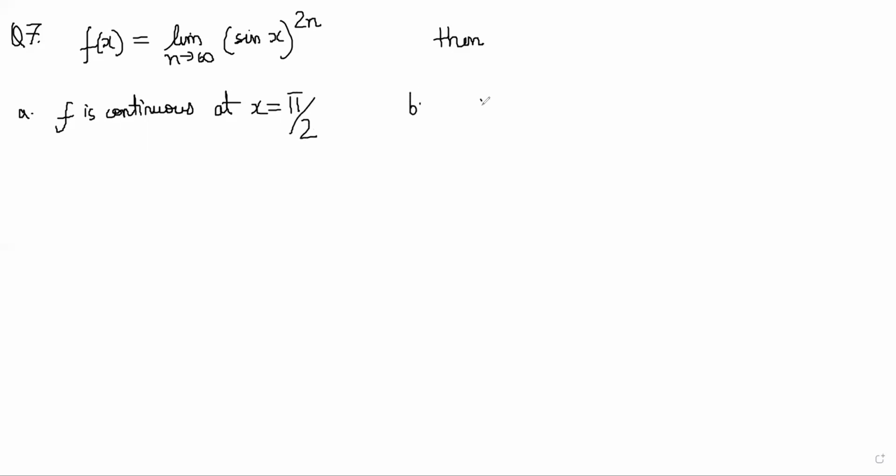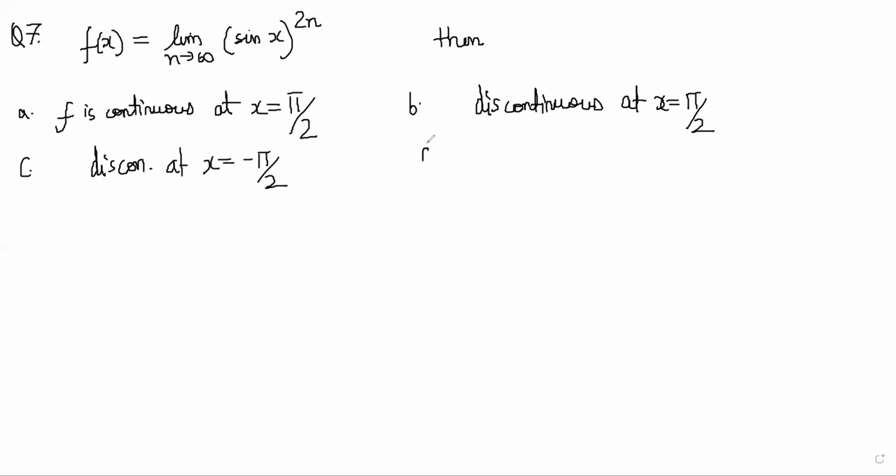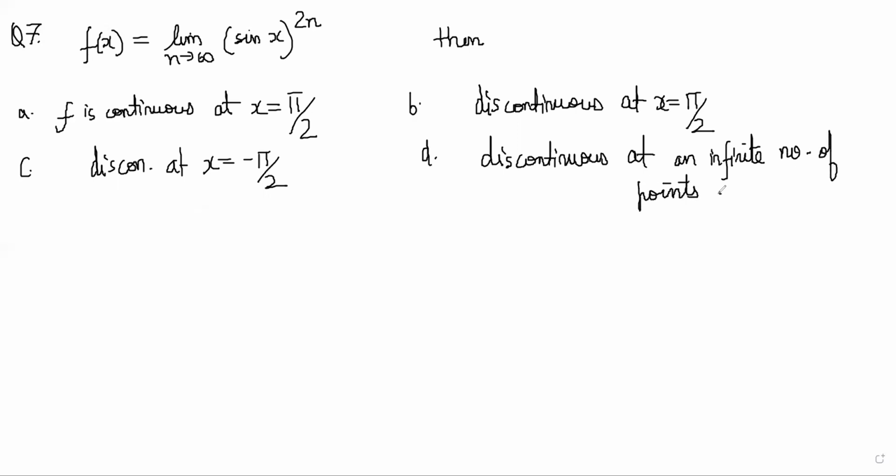B option, discontinuous at x is equal to pi by 2. C option, discontinuous at x is equal to minus pi by 2. And D option is discontinuous at an infinite number of points.